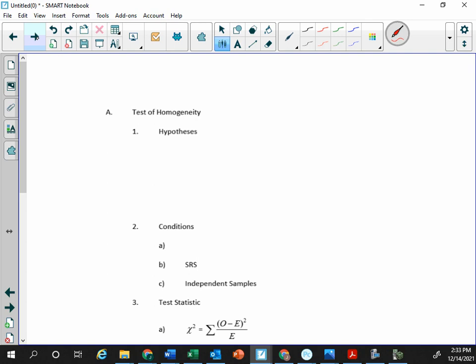All right, it is the chi-square test of homogeneity. All right, this, you have one categorical variable with at least two possibilities and two or more populations.